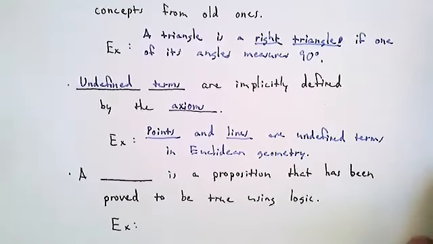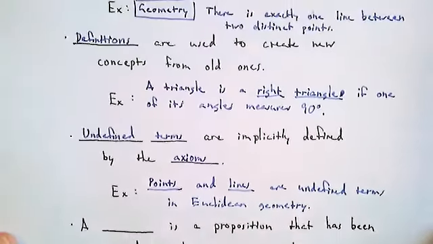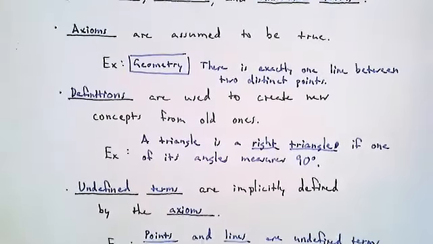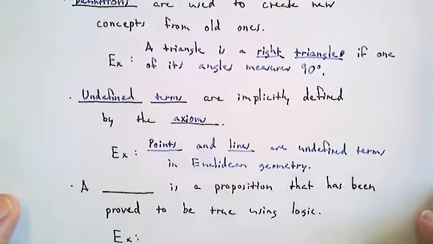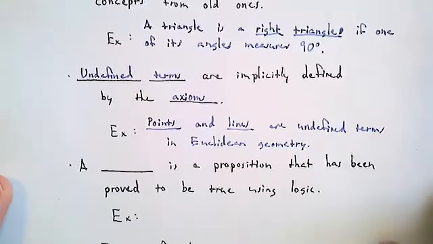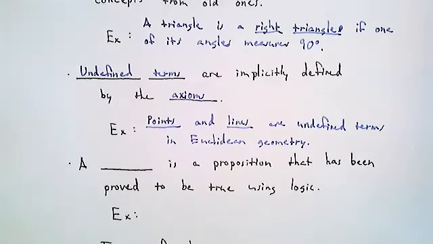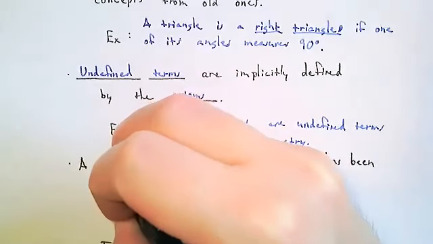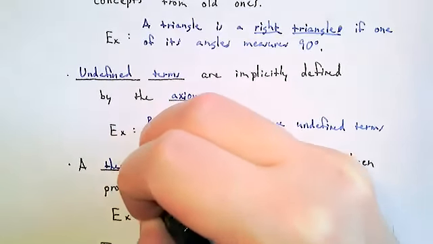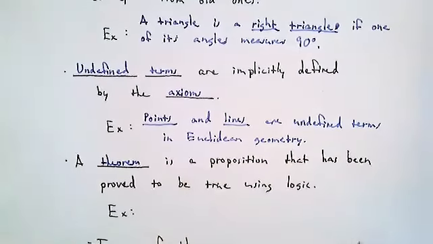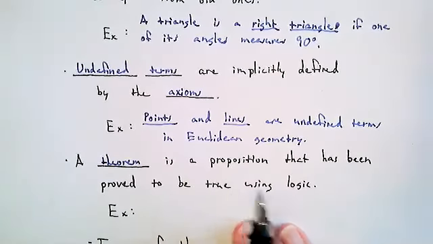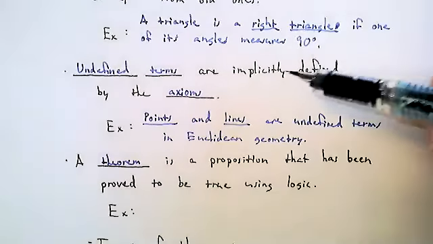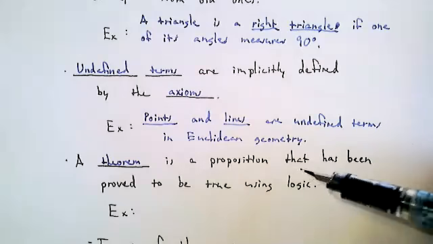Okay. And in your mathematical system, you have these ideas, these axioms, definitions, and undefined terms. And what you want to do, usually, is to use logic to create theorems. So a theorem is a proposition that has been proved to be true in your mathematical system using logic.